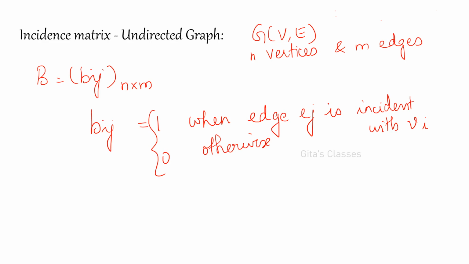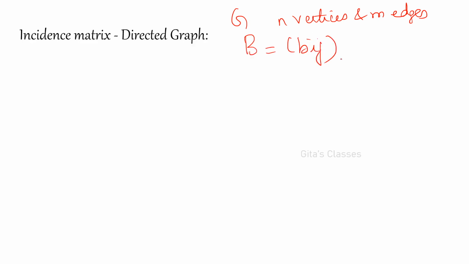So for a directed graph, again the same thing. For a graph G with n vertices and m edges, B is equal to [Bij], where G is a digraph.